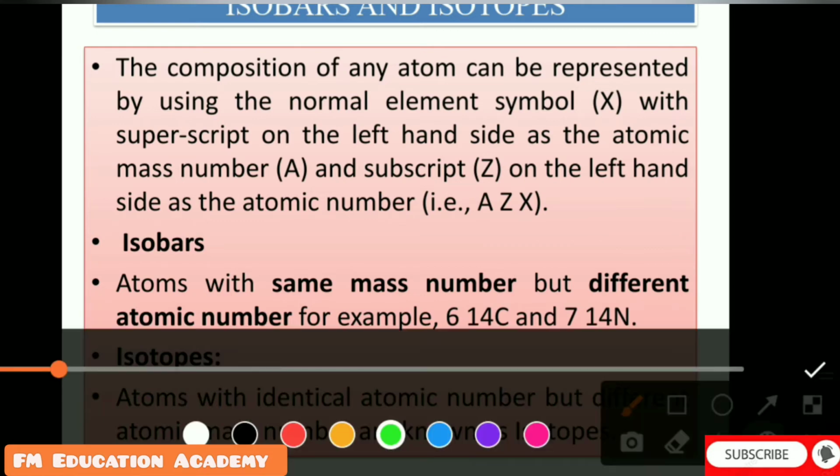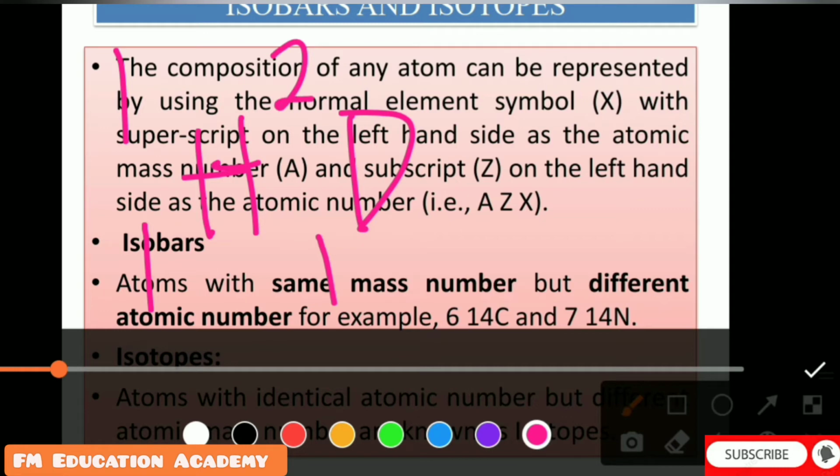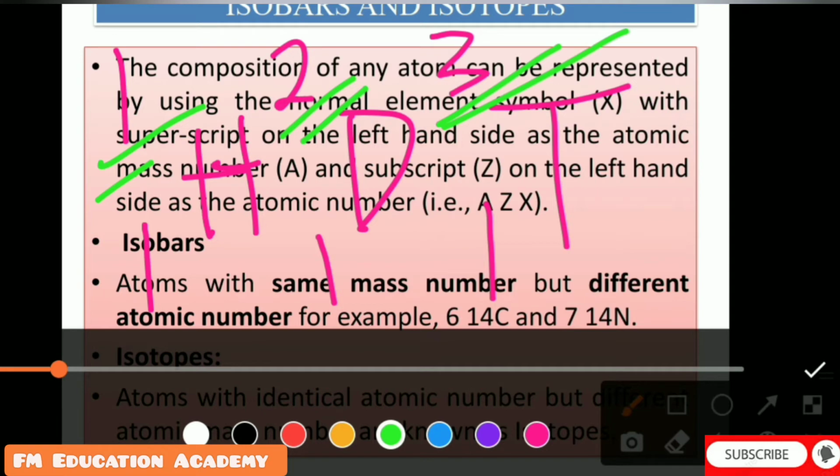Protium is indicated by H. Protium has atomic number 1 as well as mass number 1. Then deuterium has atomic number 1 and mass number 2. Then tritium has atomic number 1 and mass number 3. So here we can say that the mass numbers of hydrogen, deuterium and tritium are different but the atomic number is the same. So the elements which have the same atomic number but different mass number will be called isotopes. So these are the isotopes of hydrogen.